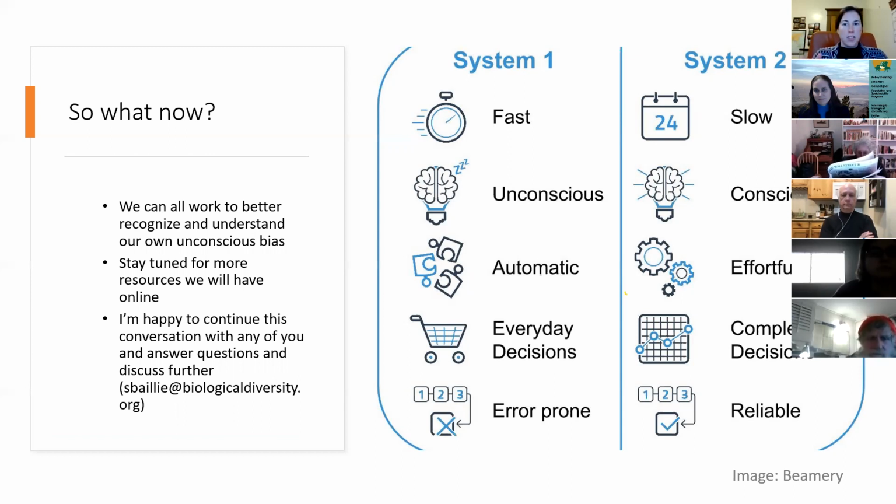And then this illustration gets at some of the mechanics of unconscious bias. Your brain has a system 1 and system 2 thinking. Your system 1 is fast, unconscious, automatic, it's everyday decisions, and it's error prone. Whereas your system 2 is slow, conscious, effortful, does complex decisions and is reliable.